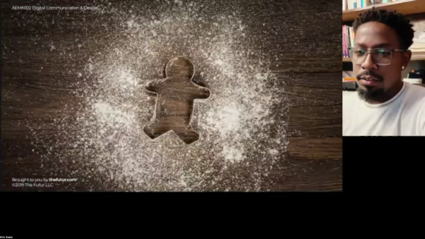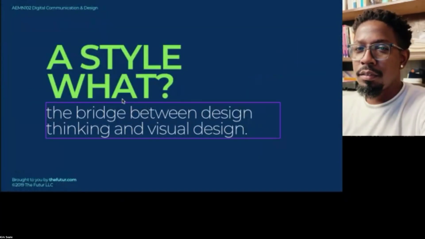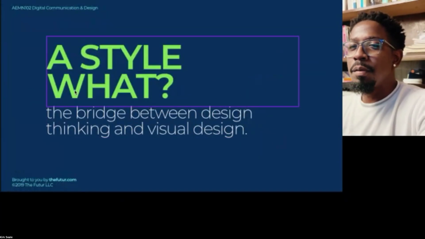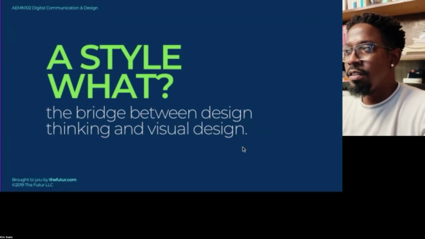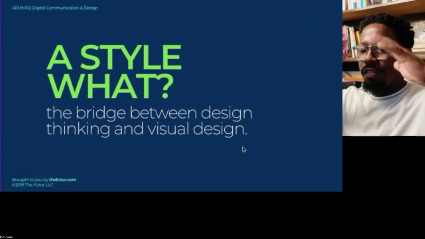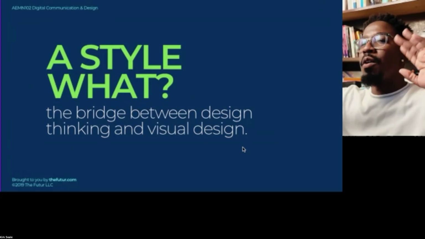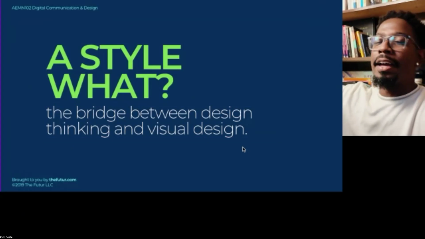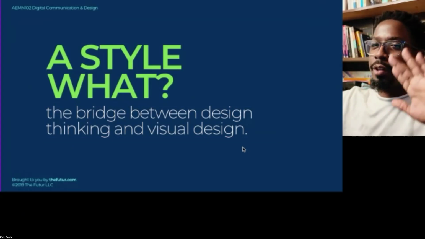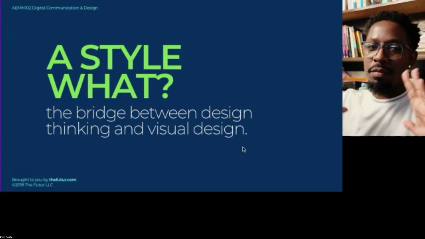All right, let's go back to the beginning. The Stylescape is a bridge between design thinking and visual design. With design thinking, how can we take what we want to execute and what can we do with it? What do all these connected parts mean?